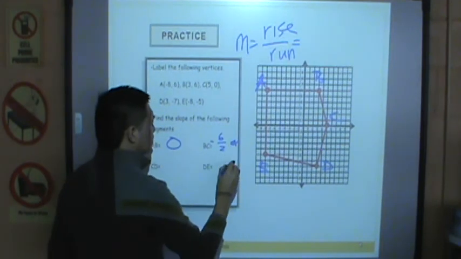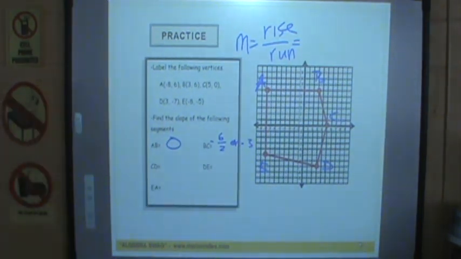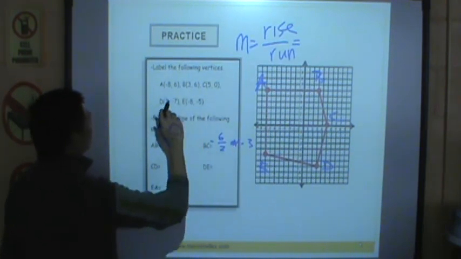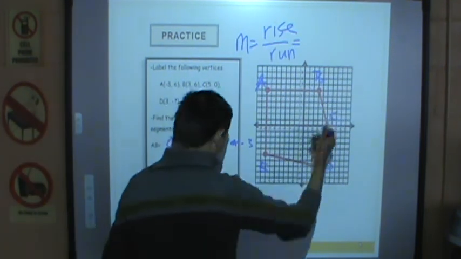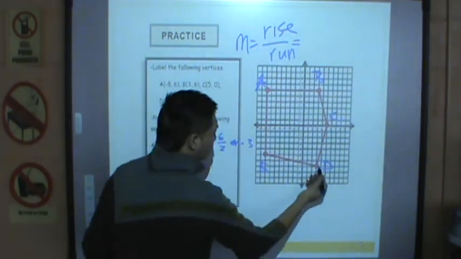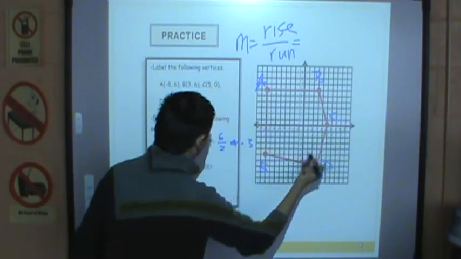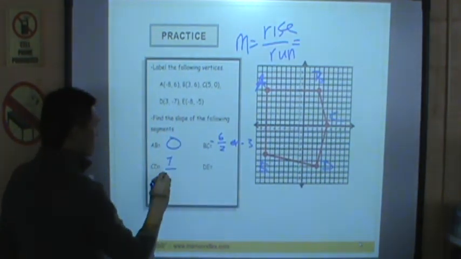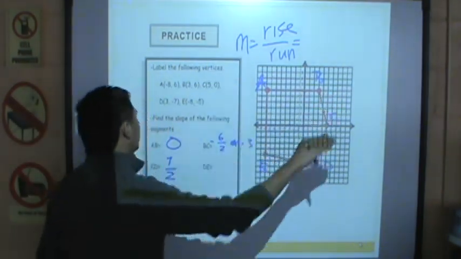So negative 6 over 2 is actually negative 3 in lowest terms. Next, let's move on to CD. CD is another diagonal line. Start from the bottom point. 1, 2, 3, 4, 5, 6, 7, 1, 2. CD is 7 over 2. It's positive because I went up and then right.